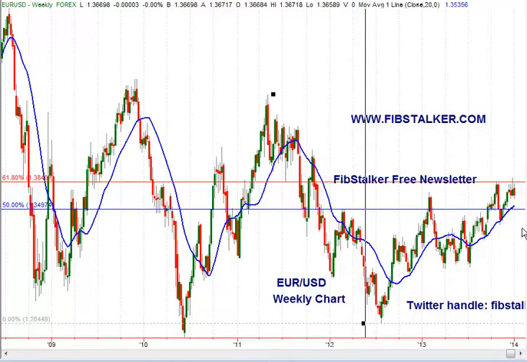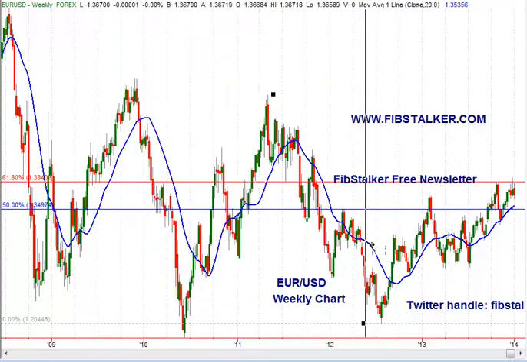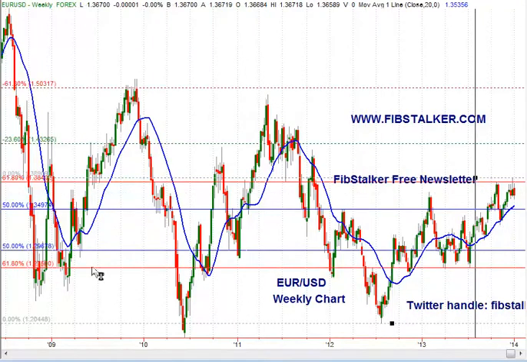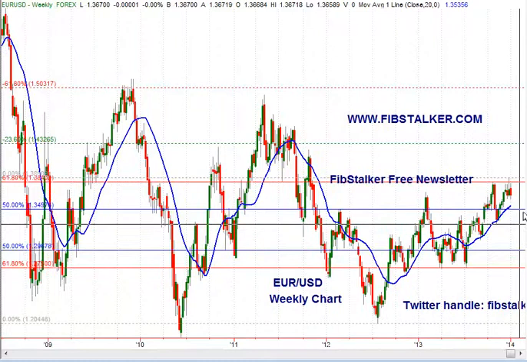What is possible now, and it's one of the options I'm going to discuss tomorrow, is that the euro will correct all the way down into 129.70. That's a heck of a move from here, and that's very possible. It doesn't mean that this market is bearish. It is not.